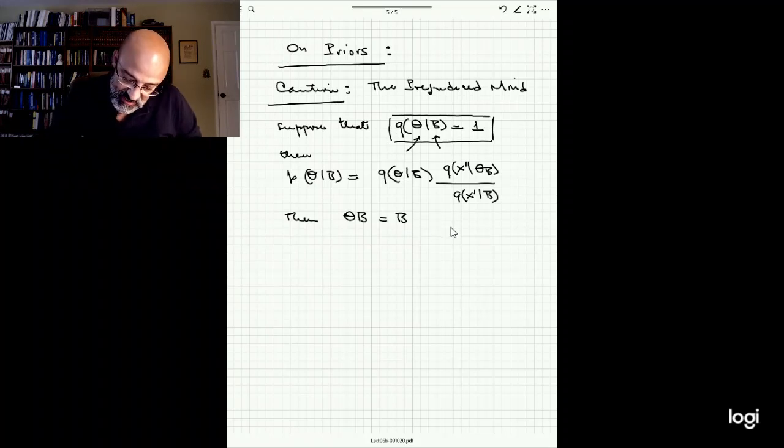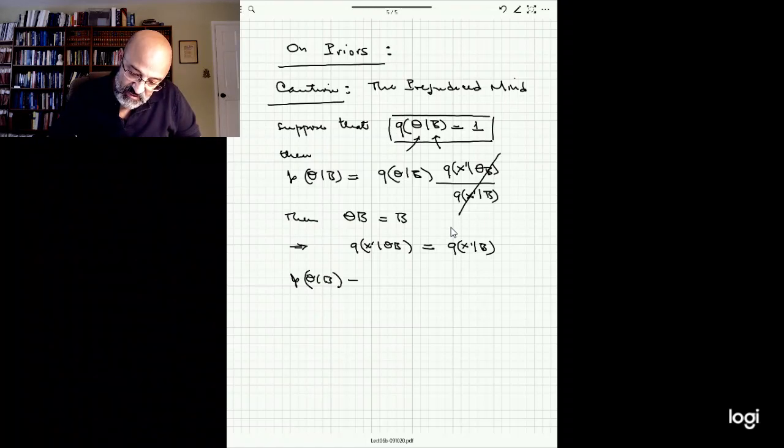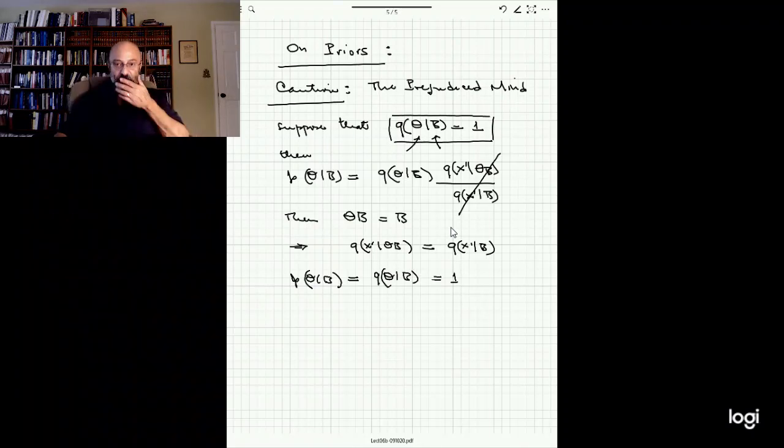So what this means is that q times x theta b is exactly the same as x b, which means that these two guys here cancel out, and p theta b is exactly q theta b, which was 1.